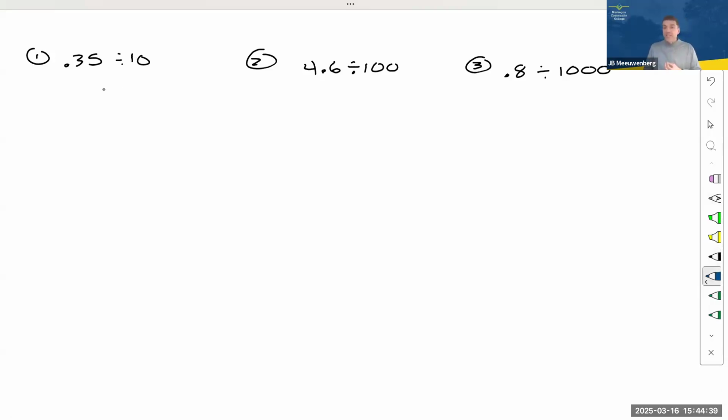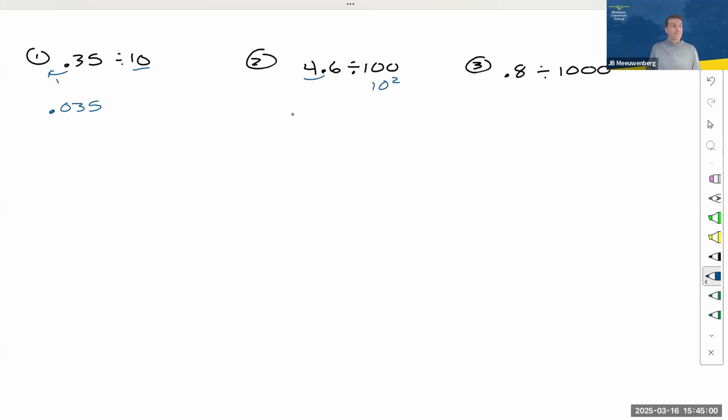Again, in each case, we're moving our decimal point to the left, one spot for every power of 10. So divided by 10, we're going to move it one spot back to the left, 0.035. 35 hundredths changes to 35 thousandths. When we divide by 100, that's like 10 to the second power.